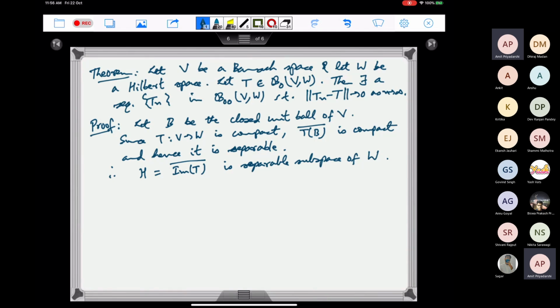So now we will use a countable orthonormal basis for this space.